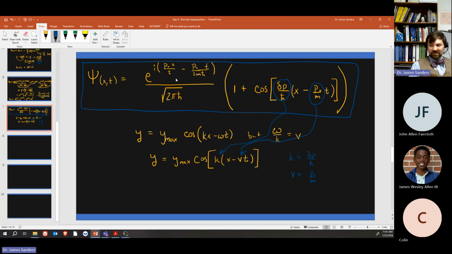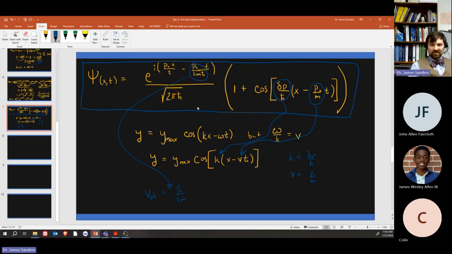This is our phase term. This right here, sinusoidal, this is your group term. Your phase term has v phase. We're looking at this part right now, p naught over 2m. I accidentally circled the h bar. p naught over 2m, your phase velocity. This right here that came out of this is your group velocity.